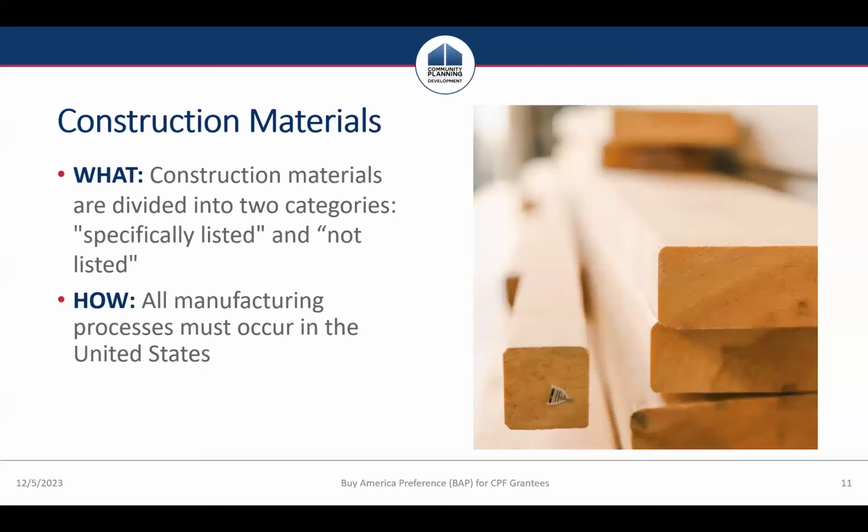They include non-ferrous metals, plastic, polymer-based products, lumber, drywall, replacement windows, glass, not replacement windows, that would be a manufactured product. And for the construction material, all manufacturing processes for the construction material must occur in the US.